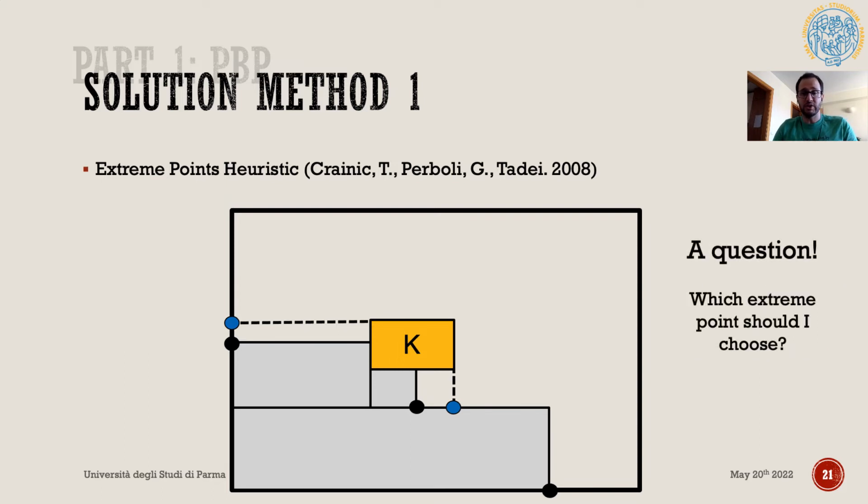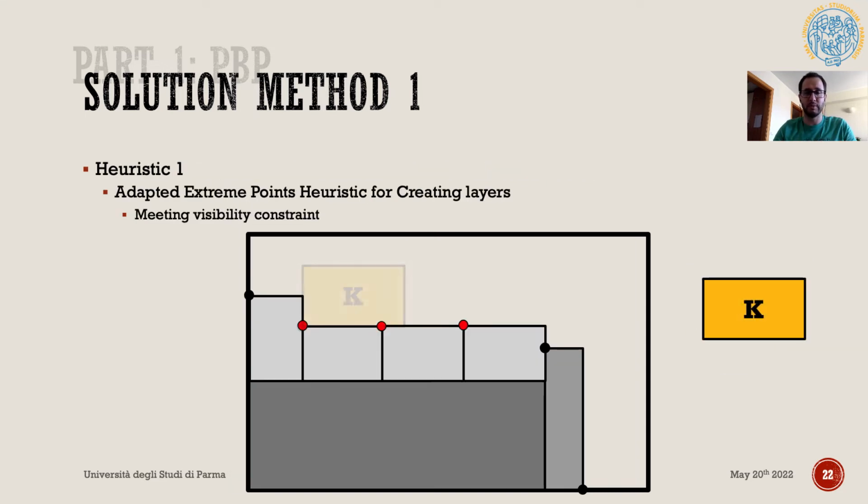In the next iteration, all these points will be considered. However, which extreme point should I choose, since the algorithm must meet the practical constraints? So we adapted this heuristic to analyze points. For example, to meet the visibility constraint, we must place k in such a way that it touches the border. So given all these extreme points, only the black point should be feasible.